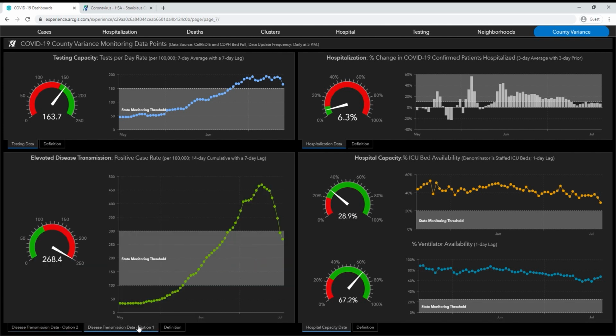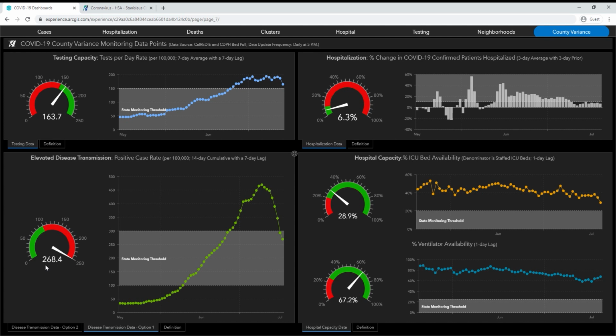The other option to look at for us to be considered at elevated disease transmission is simply by looking at the positive case rate. If we have more than 100 cases per 100,000 residents for a 14-day cumulative total, then we are considered at elevated disease transmission.